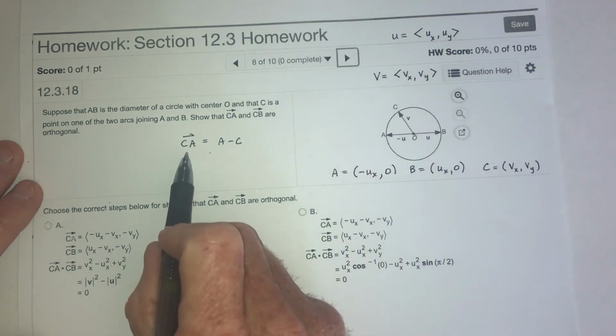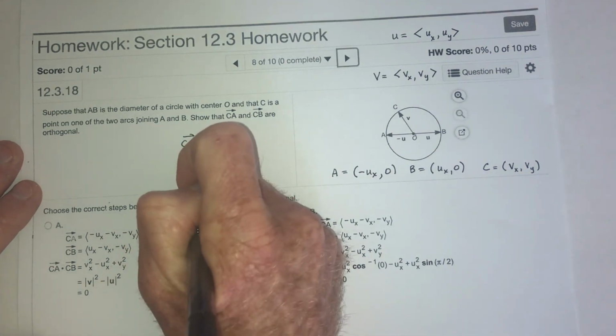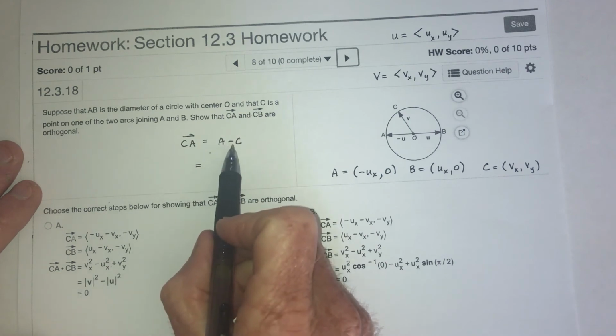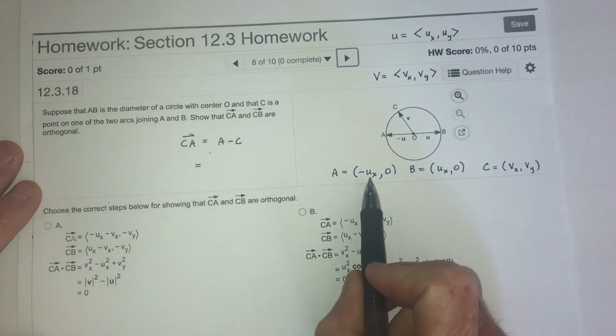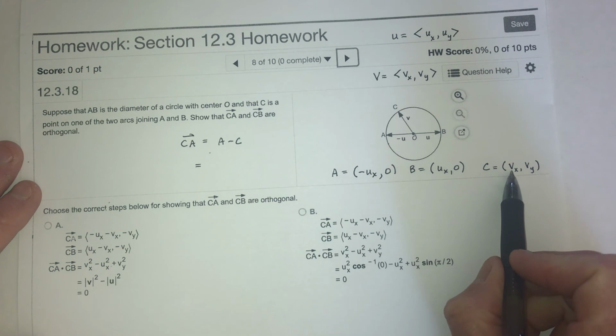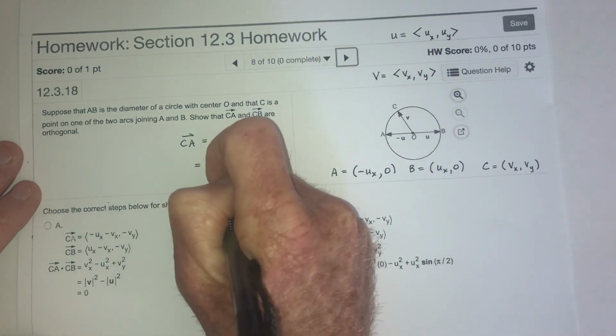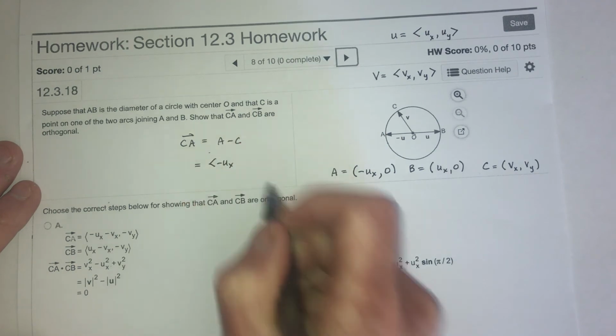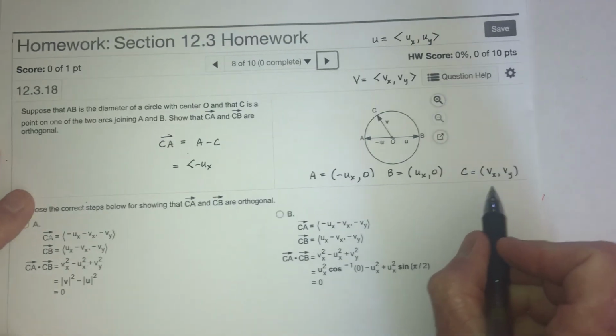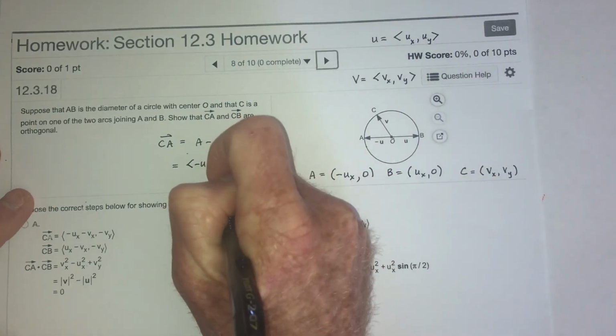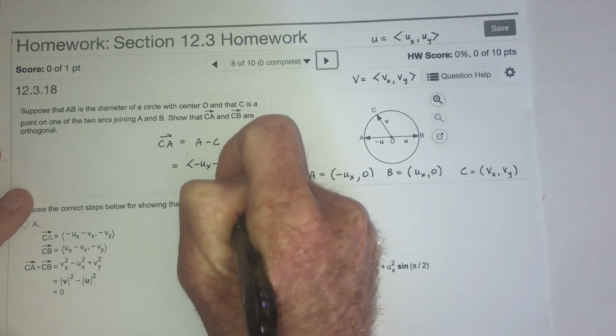Okay, now back to this part. This vector means you subtract A minus C. So that's going to be the vector negative ux, and then subtract this part, minus vx.